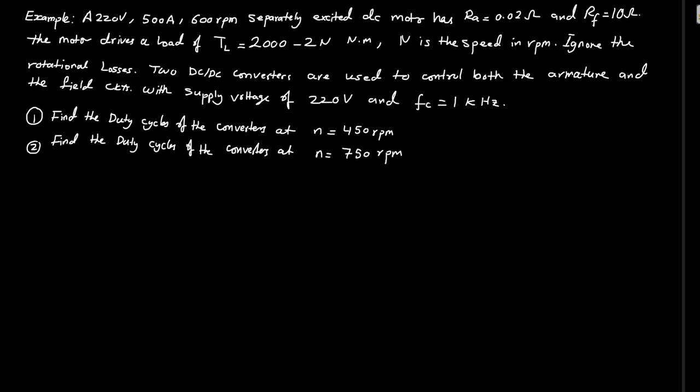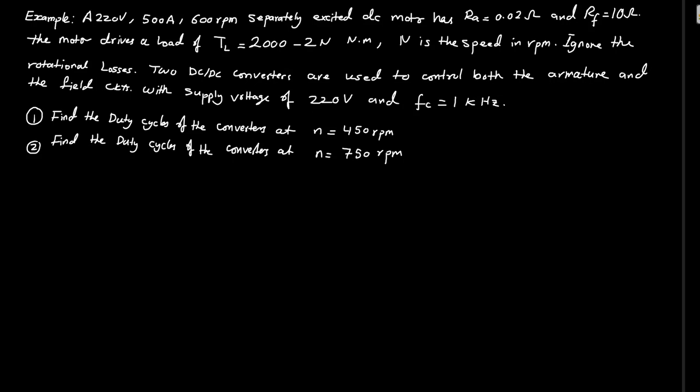We need to find the duty cycles of the converters at n equal 450 RPM, and also at n equal 750 RPM.